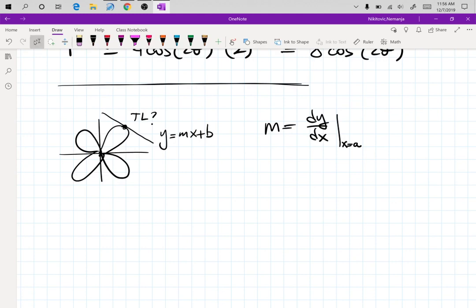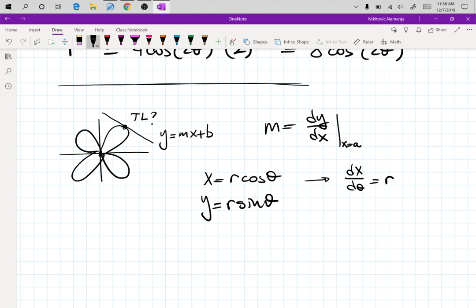Well, there is conversion. And the conversion says that x is equal to r cosine theta and y is equal to r sine theta. And if you differentiate with respect to theta, remember r is a function of theta, so the derivative of r is going to be r prime.